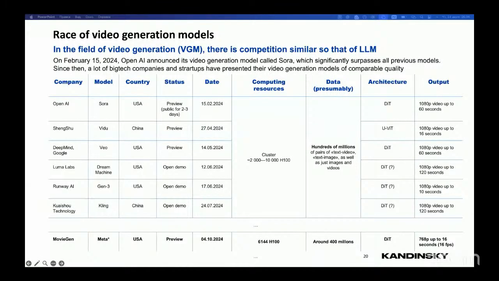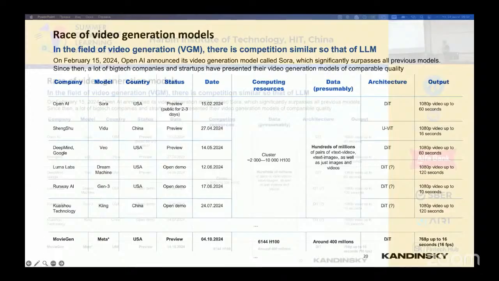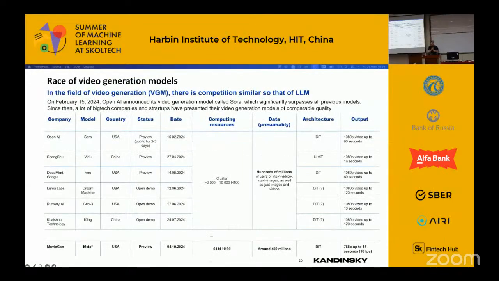So as I said many times during my presentation, now we are living in the era of video generation models, as well as the race of developing large language models. In video generation models, we have the same picture as in LLMs. I think the race started when Sora was released.